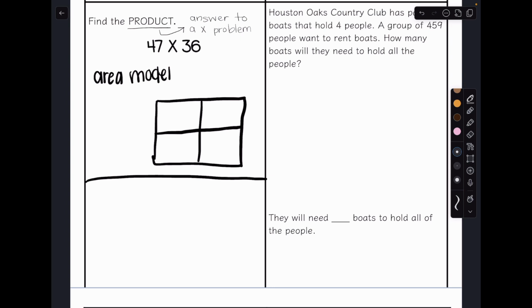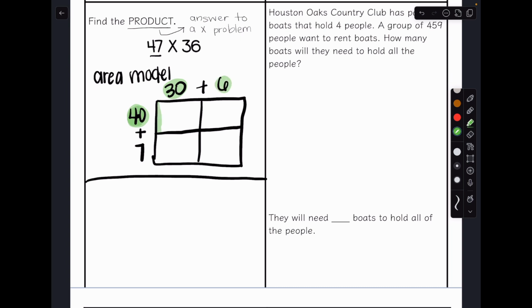So, for example, 47, 40 plus 7, 36, 30 plus 6. And then I do want to really emphasize the way that we use our area model. So it is, let me get the highlighter so y'all can see the color. 40 times 30, 40 times 6, right?